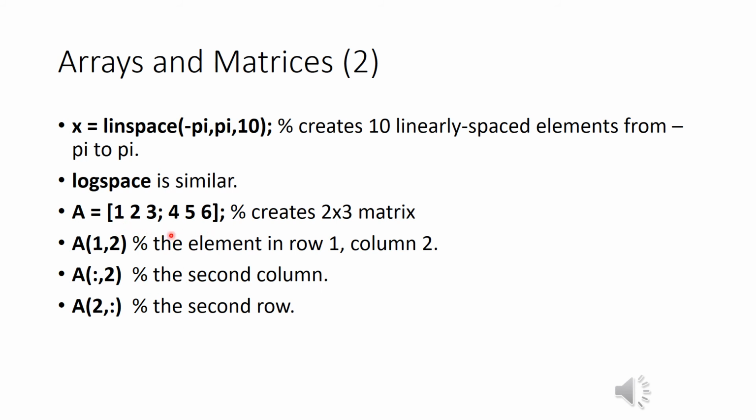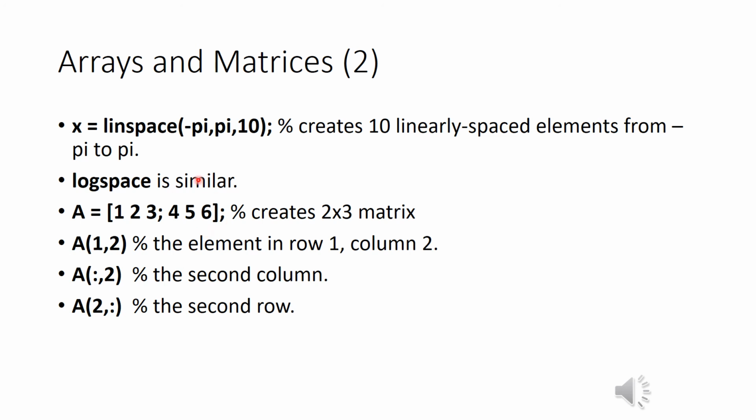It has two rows, and the columns are three. So the statement A equals square bracket 1 2 3 semicolon 4 5 6 creates a 2 by 3 matrix.